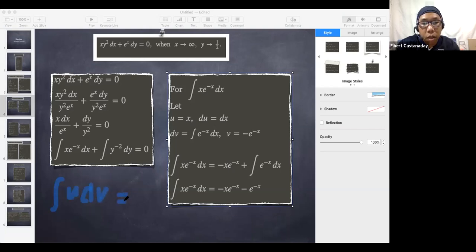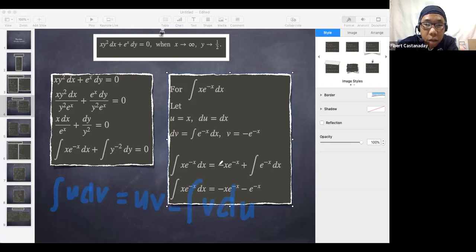So that is what? u times v minus integral of v times du. So you have your u is x, so you put it in here, x, and then what is your v? Your v is minus e raised to negative x.